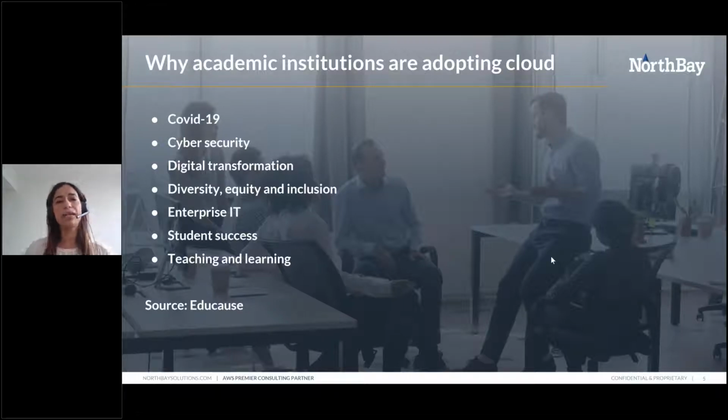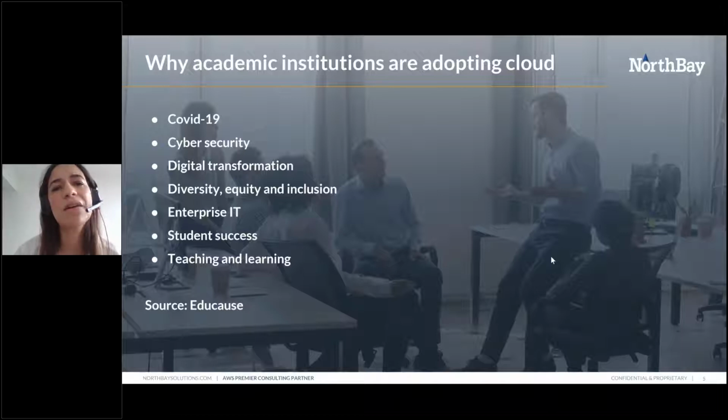According to Educause, the list that you see here in the slide are the main reasons why universities and schools are adopting the cloud. So obviously COVID-19, cybersecurity, digital transformation, diversity, equity, and inclusion, enterprise IT, student success, teaching and learning. And we'll hear from Lakshmi on some case studies that relate to this.